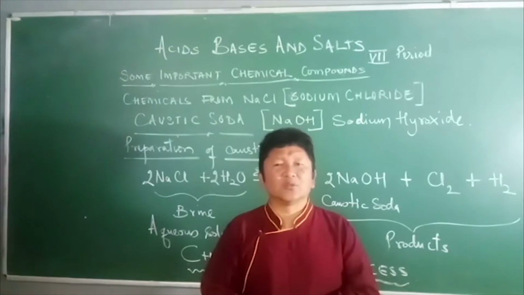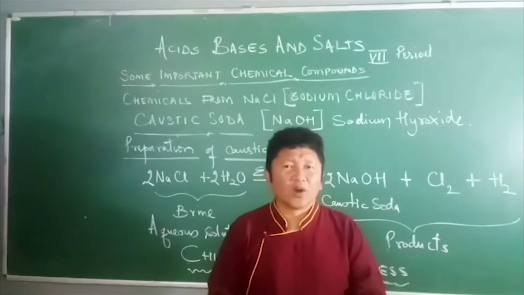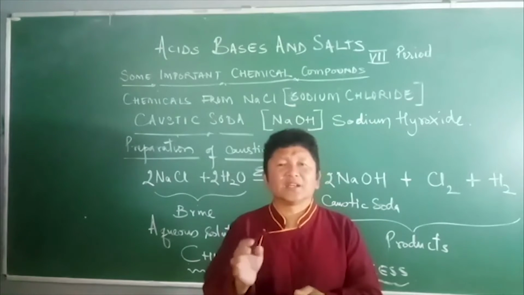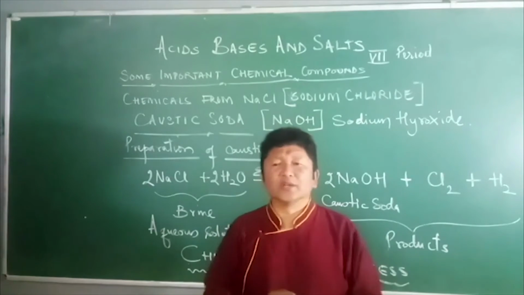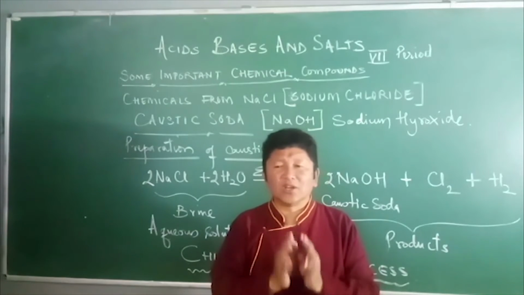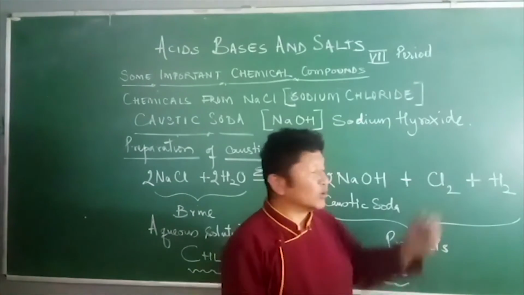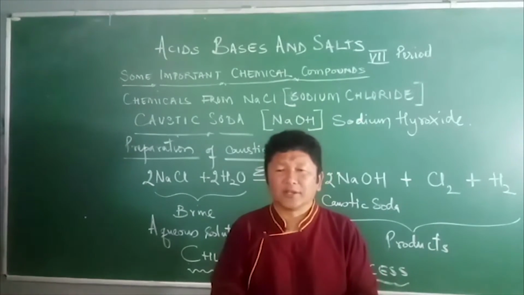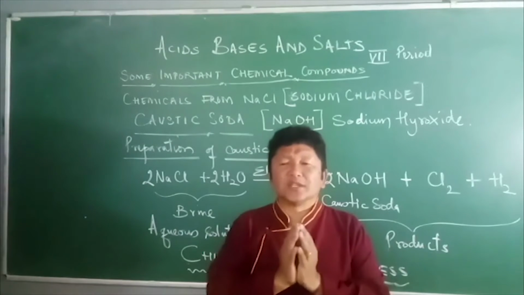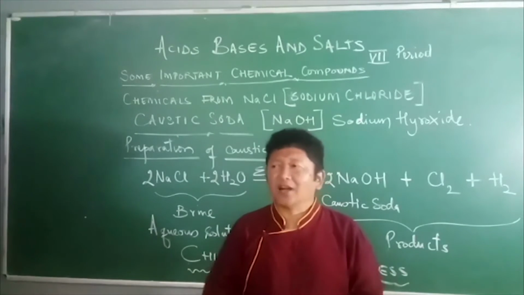CFCs cause ozone layer depletion. Chlorine is also used in many of the pesticides, and in the manufacture of bleaching powder and hydrochloric acid.